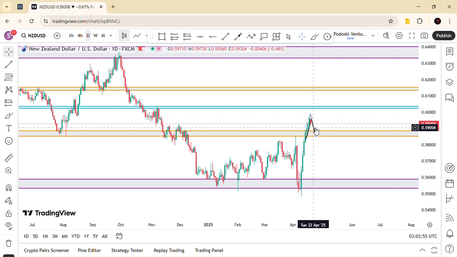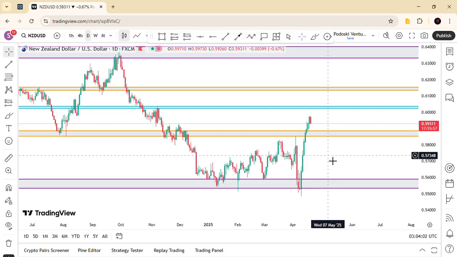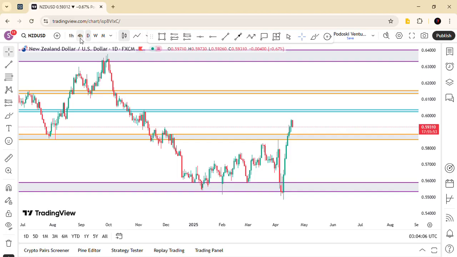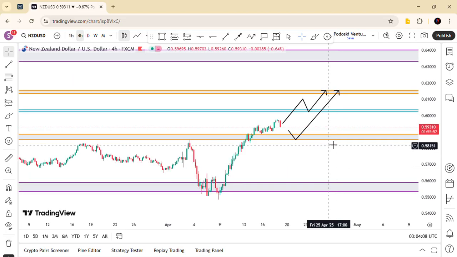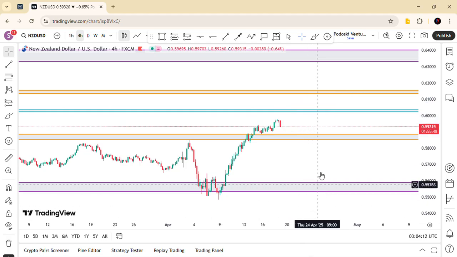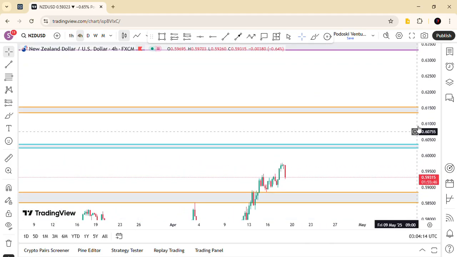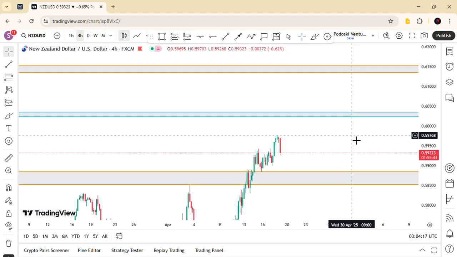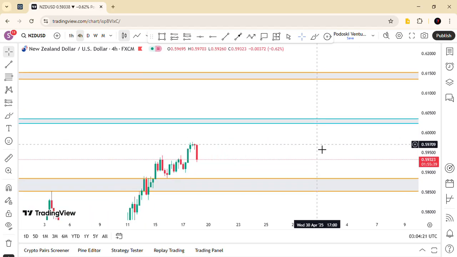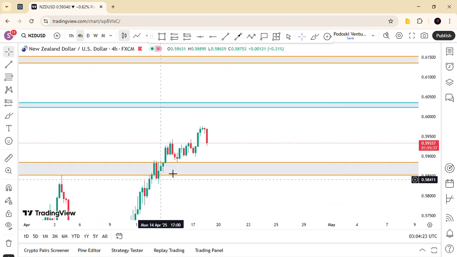Let's go to the 4-hour time frame and prepare for an entry on NZD USD. We are going to be looking for buying opportunities. Let me clear this real quick. Here we are on NZD USD, and like I said on the daily, price has broken out of the weekly zone.